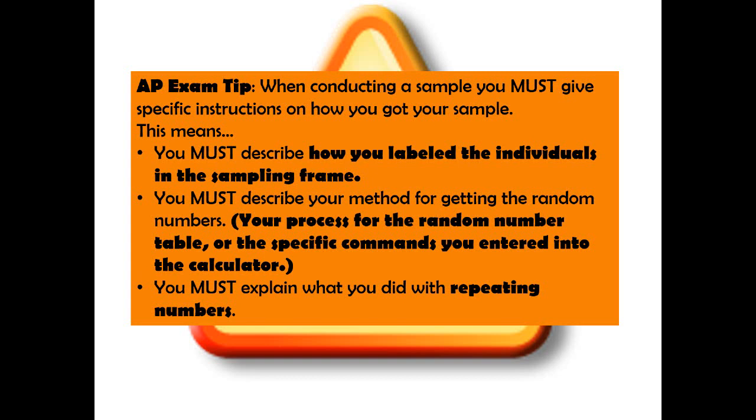Close your eyes, point to a random place on the random number table, go across 2 digits at a time, 3 digits at a time, or 1 digit at a time, and then make sure you explain what you do with repeated numbers. Are repeats okay? For sampling, oftentimes no repeated numbers, especially if you're doing a simple random sample, so you need to explicitly state that you're skipping repeats.